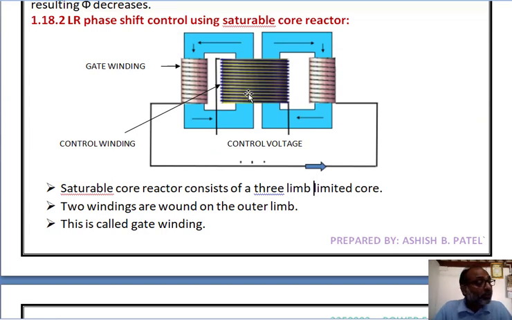When the DC current passing through the DC winding is increased, it will saturate the core.